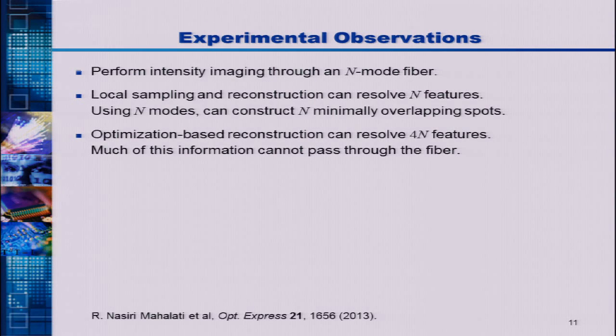Now, it's really not a paradox, because the number n, the number of modes in the fiber, does not limit what information you can communicate through the fiber. It just limits how much information you can send through in one shot. But if you have more observations, you can pass more information through the fiber.